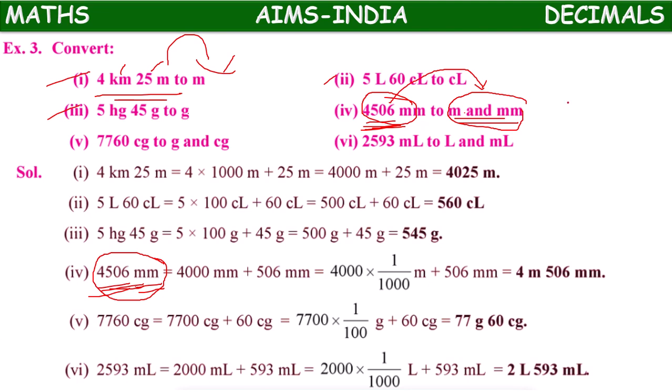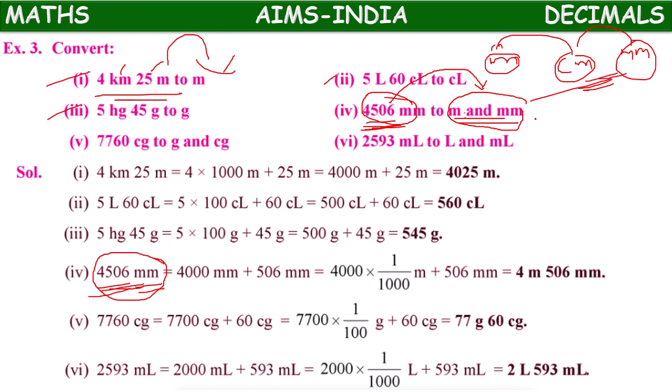If you want to convert millimeter to meter, millimeter will be here. Millimeter before centimeter, centimeter before meter, and then meter will be there. So 2 places.